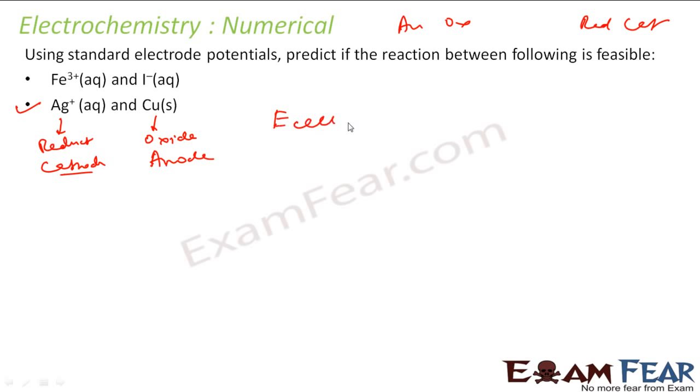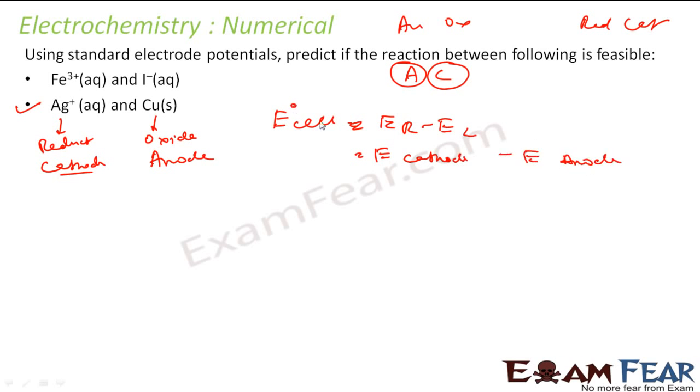E cell we assume is nothing but E of right minus E of left, and we have AC, anode on the left, cathode on the right, that is E of cathode minus E of anode. Since we are talking of standard, let's put E0 in all the places.